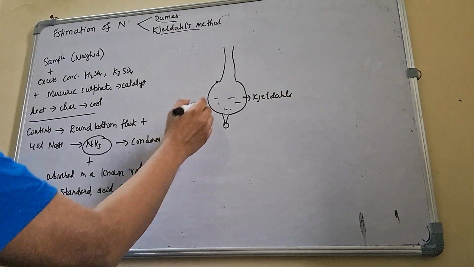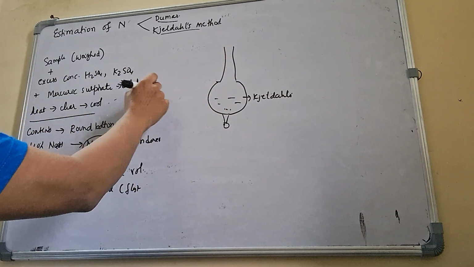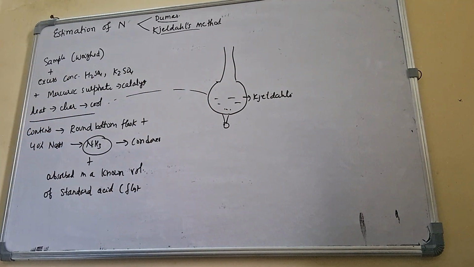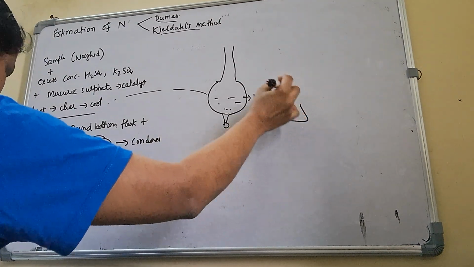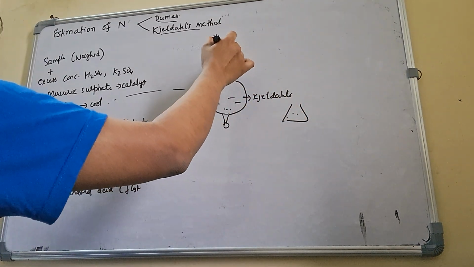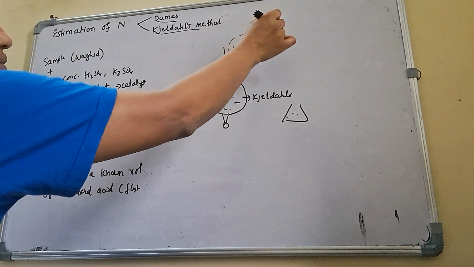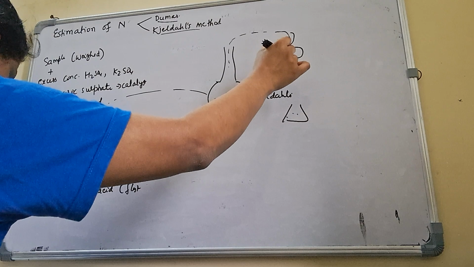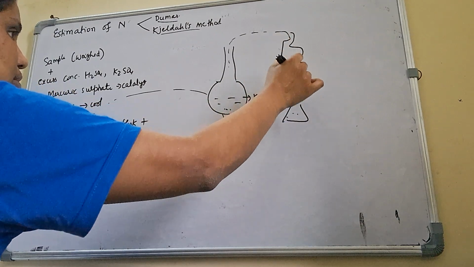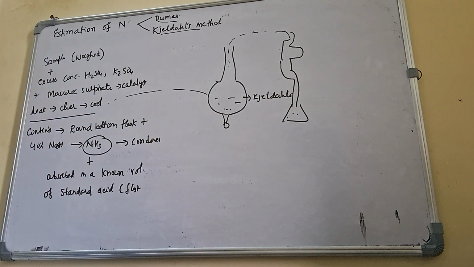So after you are heating it, you are getting this, and then you have a conical flask here, and whatever the contents are, they are made to pass through a condenser, and then this is connected to a conical flask.